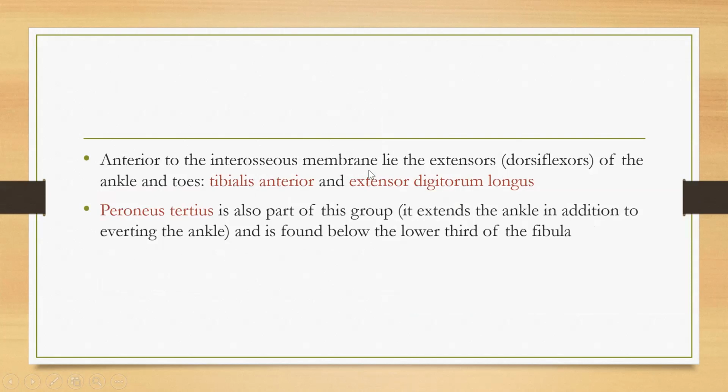Anterior to the interosseous membrane lie the extensors or dorsiflexors of the ankle and the toes, the tibialis anterior and the extensor digitorum longus. The peroneus tertius is also part of this group. It extends the ankle in addition to everting the ankle, and is found in the lower third of the fibula.